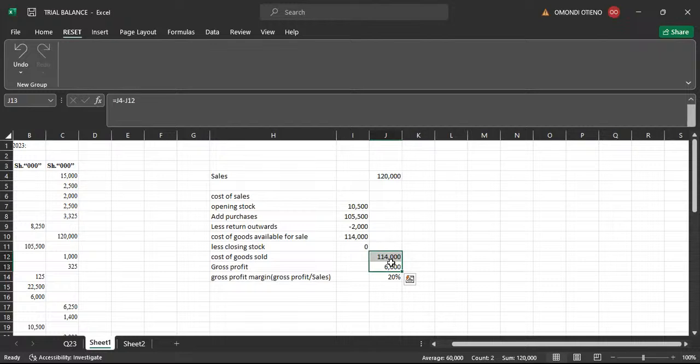Now, I want somebody to help me understand what will be the cost of goods sold if gross profit margin is equivalent to 20%. So what is 20% of the sales value? Our gross profit here, we are being told that it should not be that 6,000. It should be 20% of the sales.